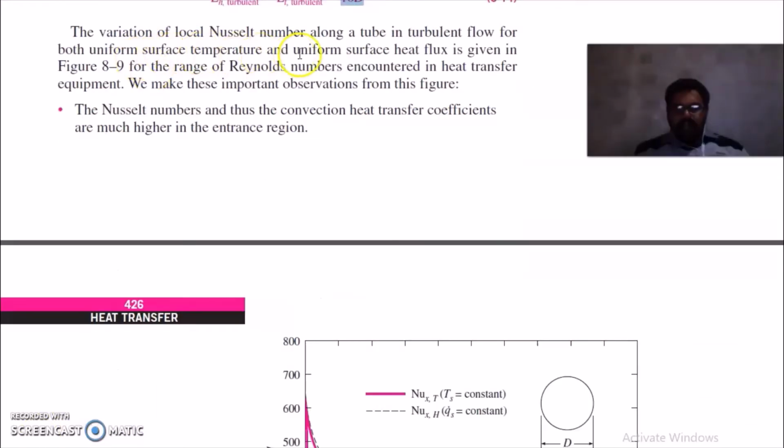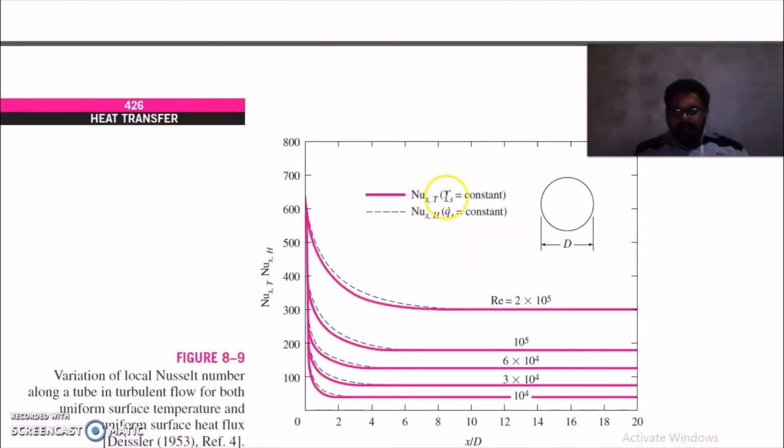The variation of local Nusselt number along a tube in turbulent flow for both uniform surface temperature and uniform surface heat flux is given. You can see this dark line shows uniform surface temperature, and this dotted line shows uniform heat flux.